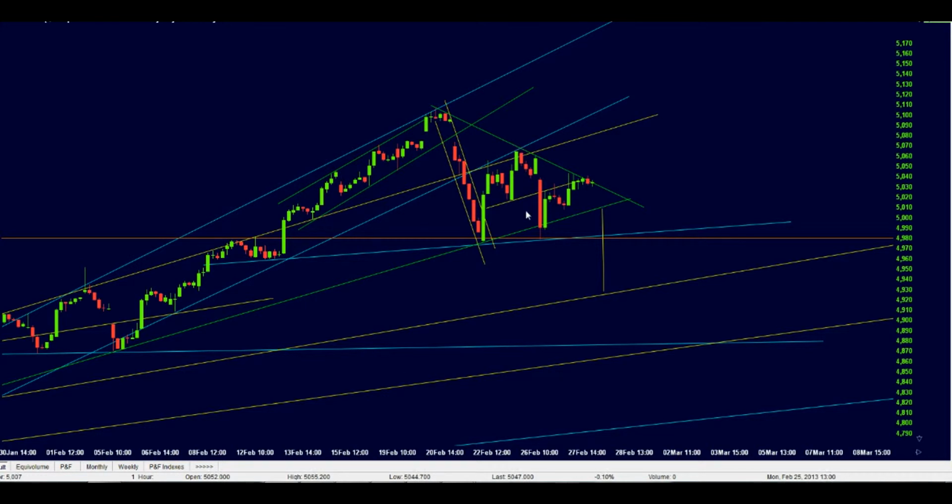Now we've moved back down again to test this brown line. Now we've just rallied back up to retest this top channel line that we've had drawn on the chart. So guys, we closed right on this line today.